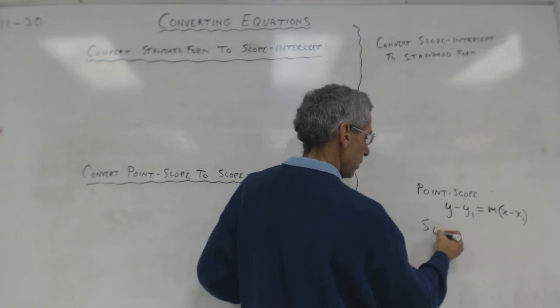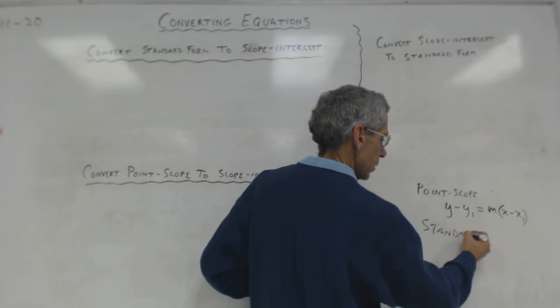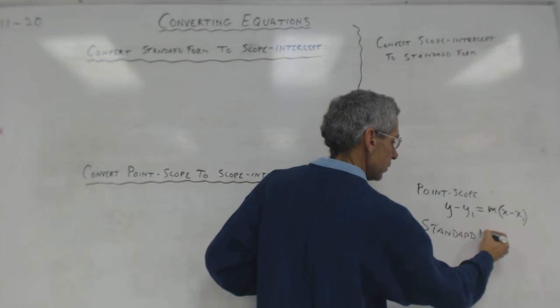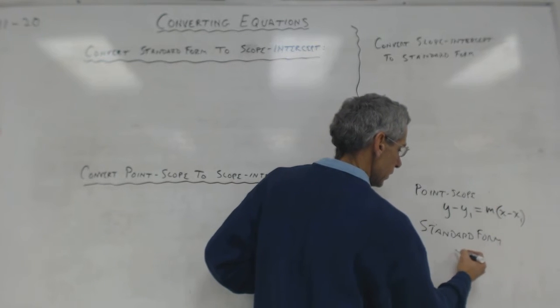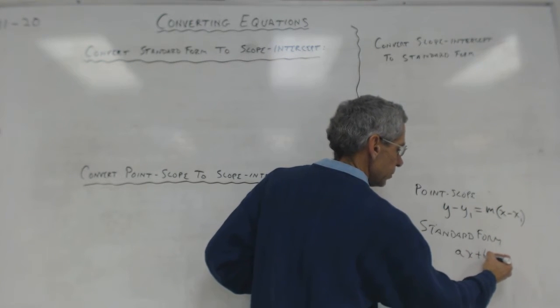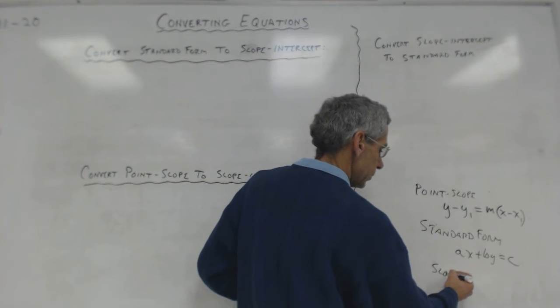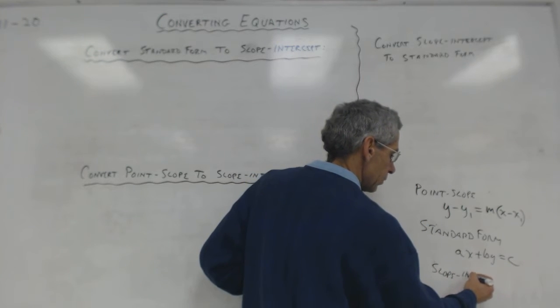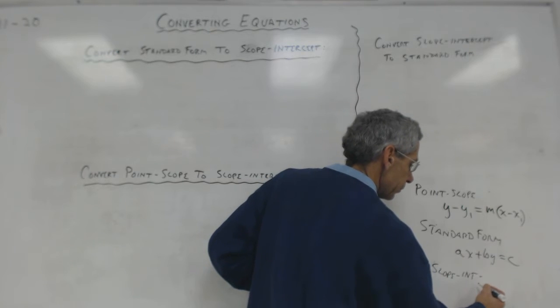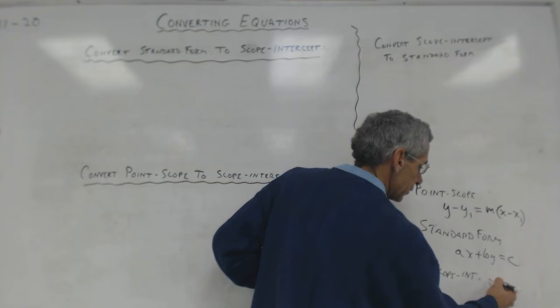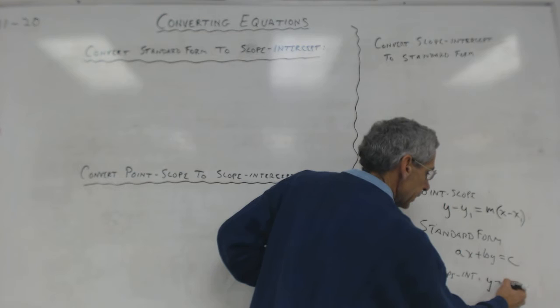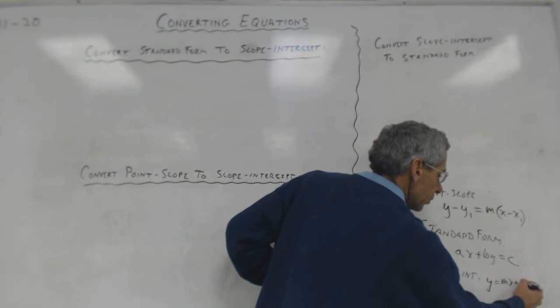And then standard form? It's this, ax plus by equals c. And slope-intercept is y equals mx plus b, right?